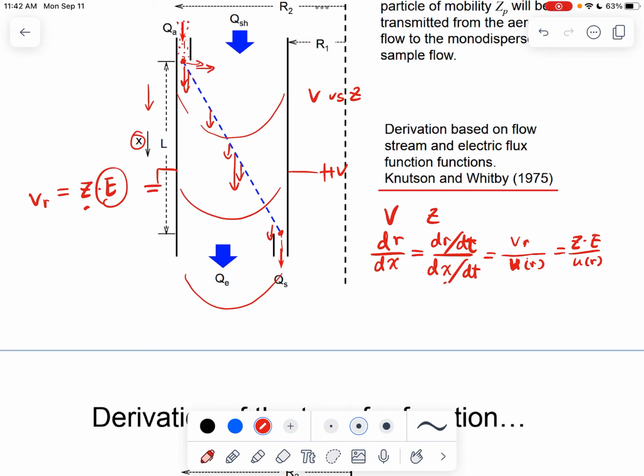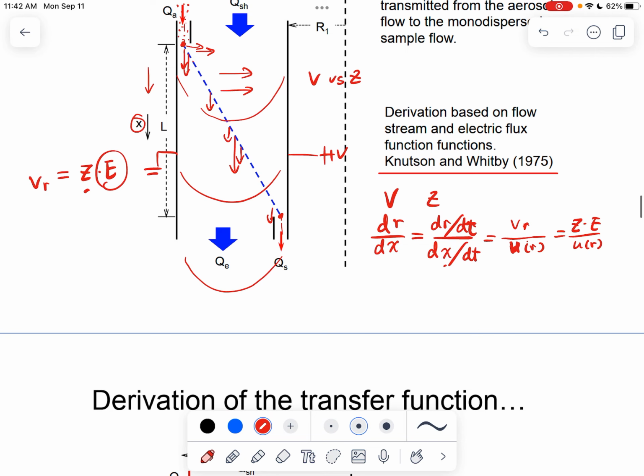So we assume that the inner electrode carries a certain high voltage, and the outer electrode is grounded, right? There is an electric field that's being built across these two concentric cylinders.